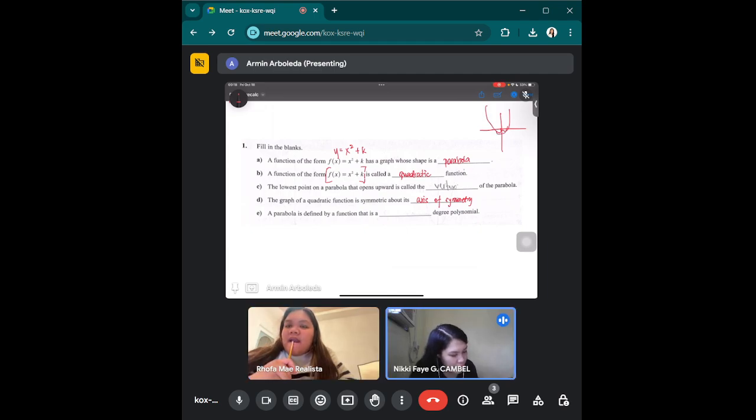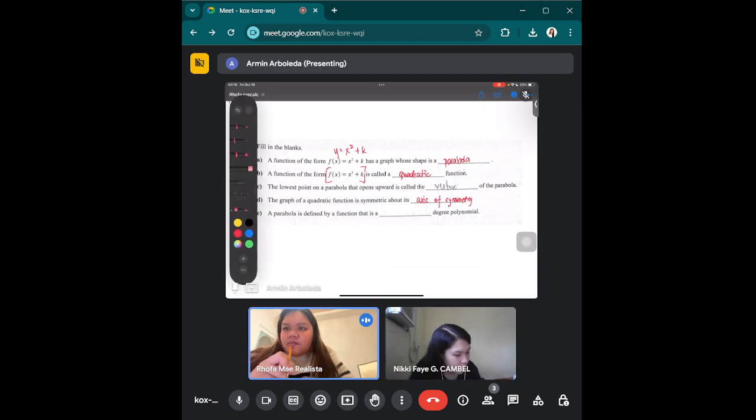And a parabola is defined by a function that is blank degree polynomial. So what degree? What do you think? Second, because this is the order of your functions, right? Yes, second order. So quadratic functions are second degree polynomials. So by definition, you have the second degree parabolas. Okay?